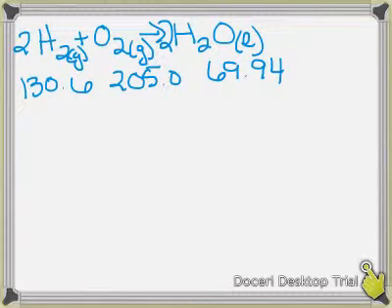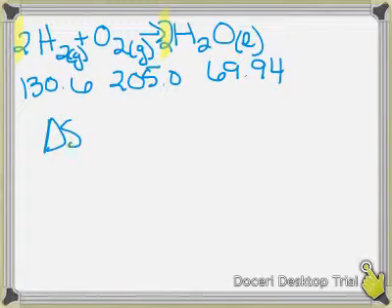All right, so whenever we are doing this, do not forget about our coefficients, right? Do not forget about them because we have to use those in our math, right? So now we need to find the entropy for this reaction, and then we're going to find our entropy for the reverse reaction, and we're going to see if something holds true that we already know. Okay, so let's go ahead and find the entropy.